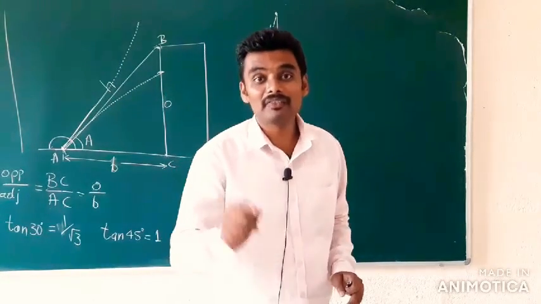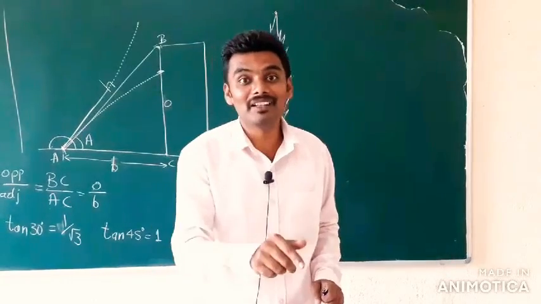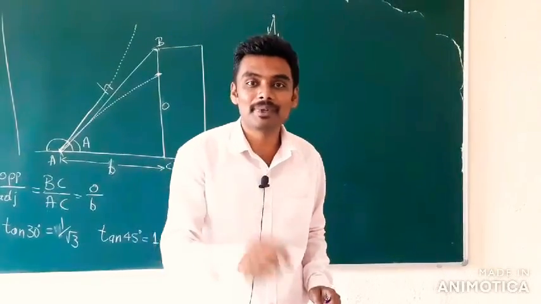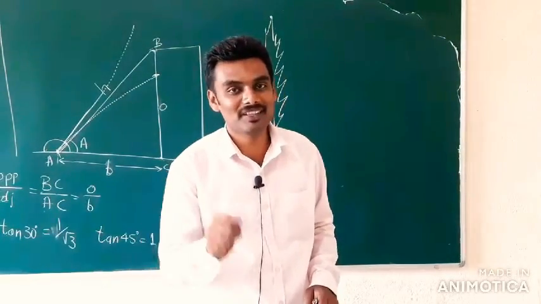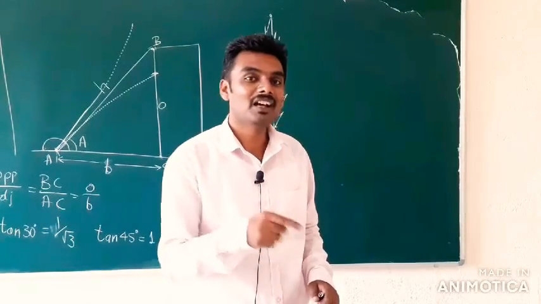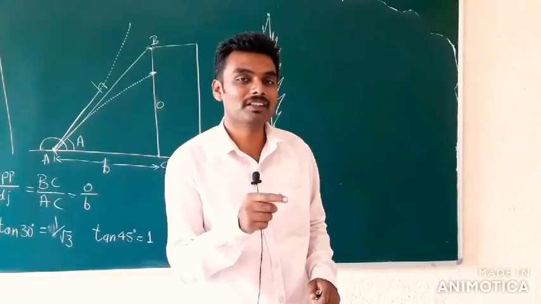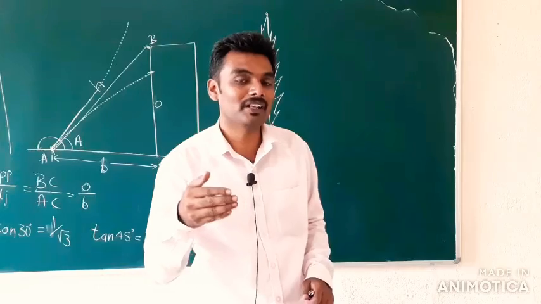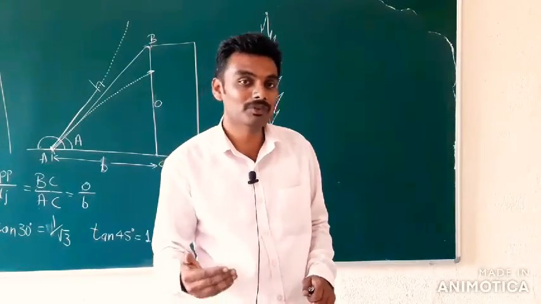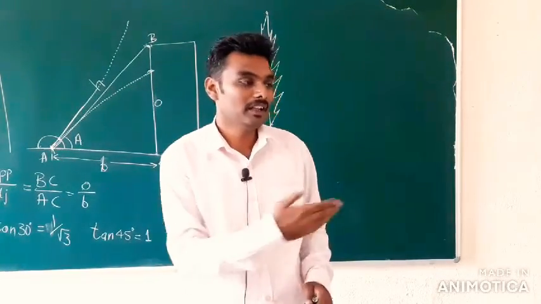But if the medium changes, it bends. Light does bend when the medium changes. Now let us see how the light bends when it enters from air medium to water medium. Okay, let us see it now.